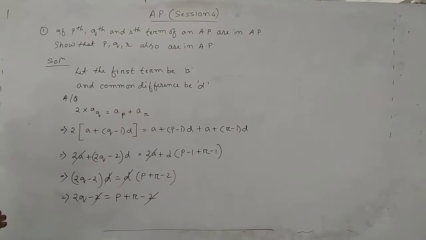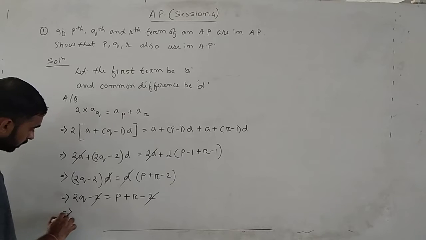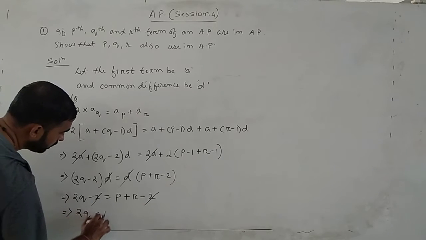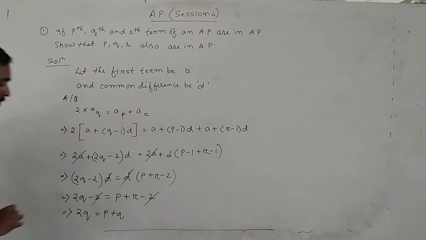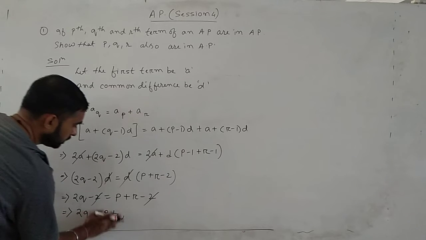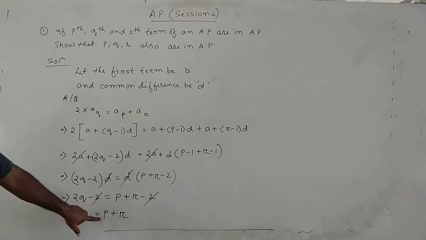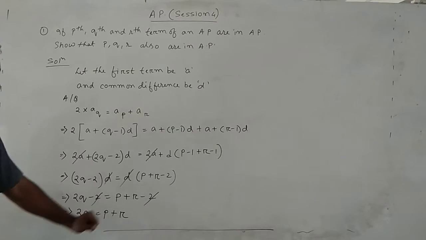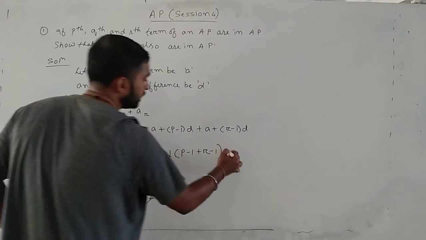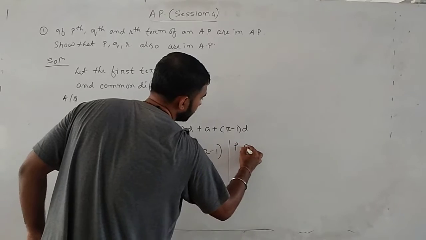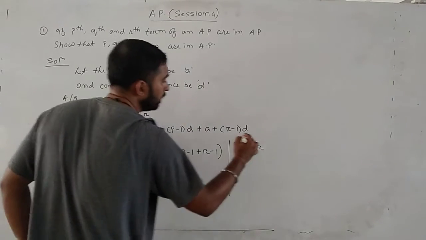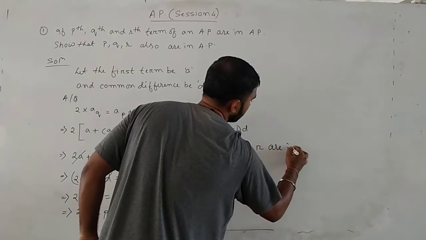The 2 cancels. Therefore, 2Q equals P plus R. Now here see, if twice Q equals P plus R, then we can say that P, Q, R are in AP.